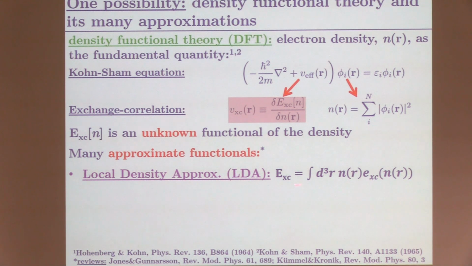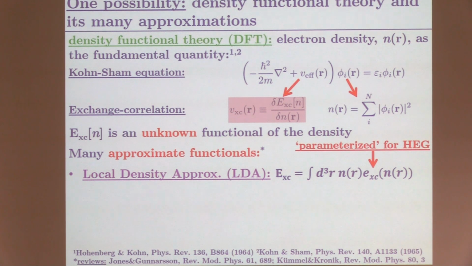Here you have the formula for the exchange correlation energy, and it critically depends on the density n of r. So that's why it's called local density, because it only depends on the density at the local point. Now, to use it in practice, it has been parameterized for the homogeneous electron gas, which means that for homogeneous systems like simple metals, it's actually working very well.